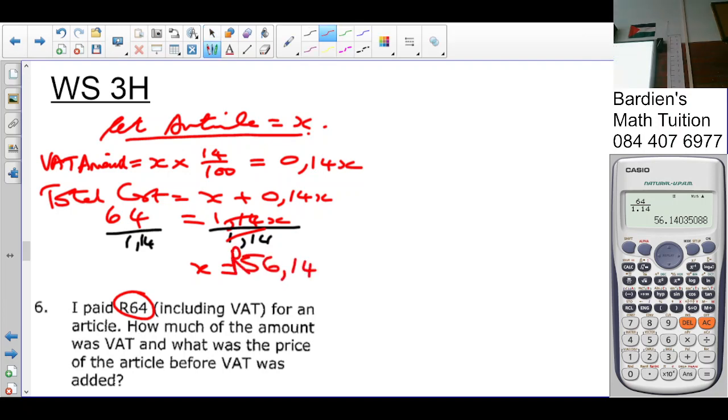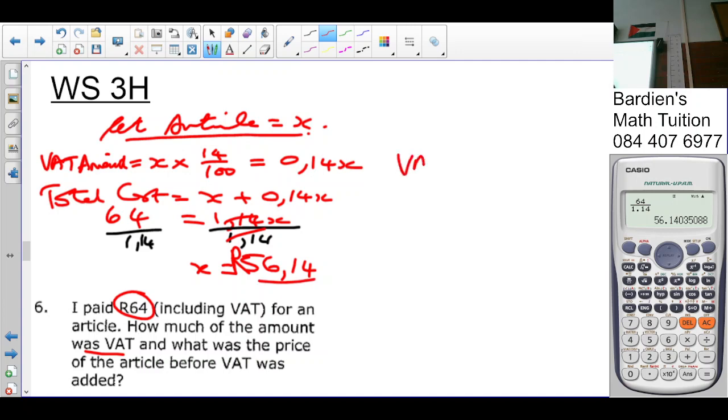So that is the value without tax, the original price of the article. The question says how much of the amount was VAT and what was the price of the article before VAT. So this was the original price.